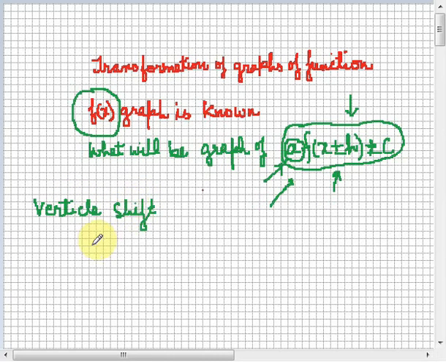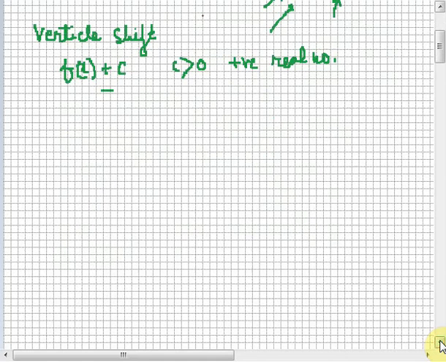Suppose the graph of the function is given, and we add to it or subtract from it a real number c, a real number c greater than 0. Now there is a positive real number. Then what will be the graph of f(x) plus c?